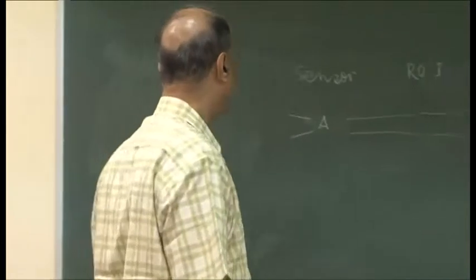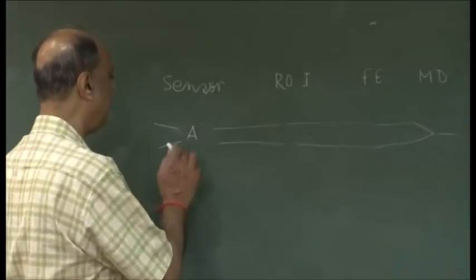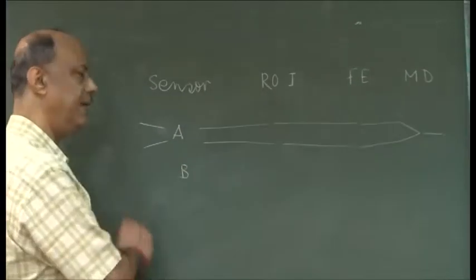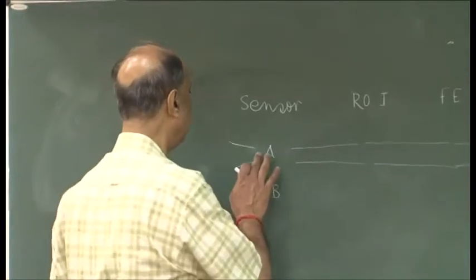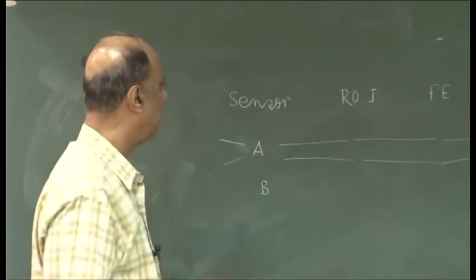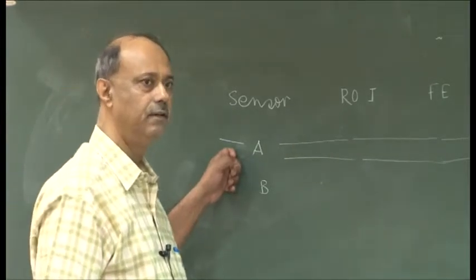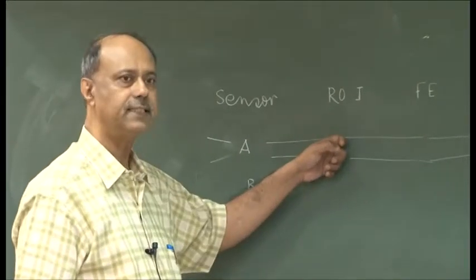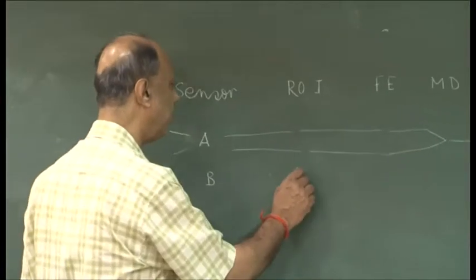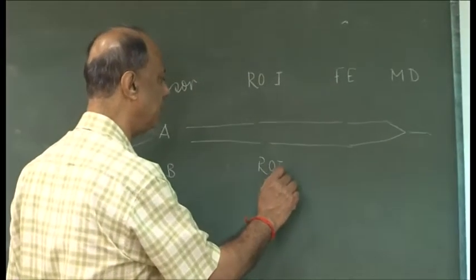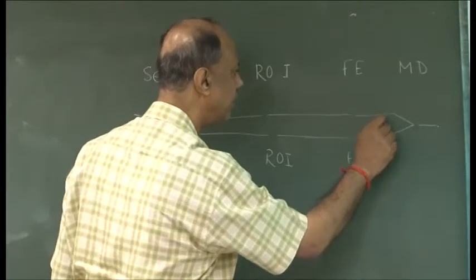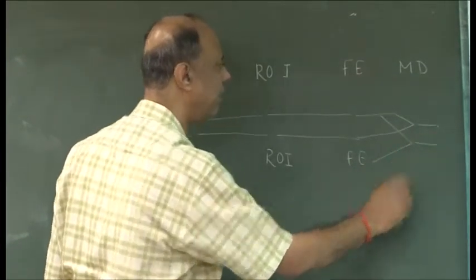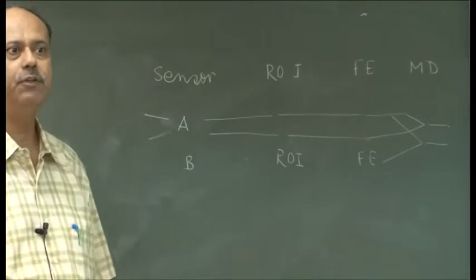Now, I can introduce two systems, A and B. From A I extract the ROI, and from B also I extract the ROI. Then comes feature extraction, and finally whatever features are there should be matched and give the genuine output.